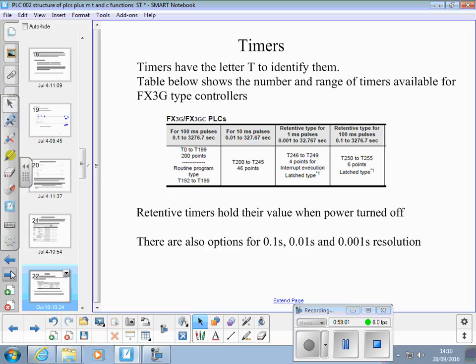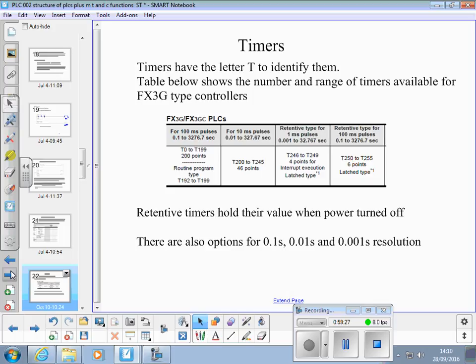Timers. You've got 200 timers between T0 and T199 that you can set in 0.1 second resolution steps, a tenth of a second. You've got 46 between T200 and T245 that you can set in 0.01 steps.